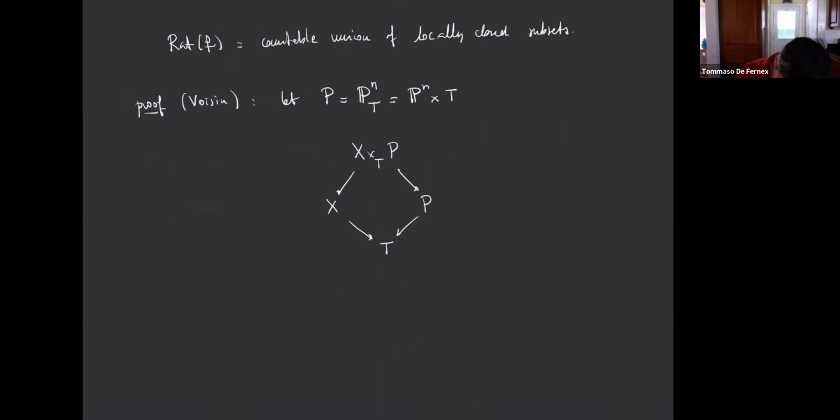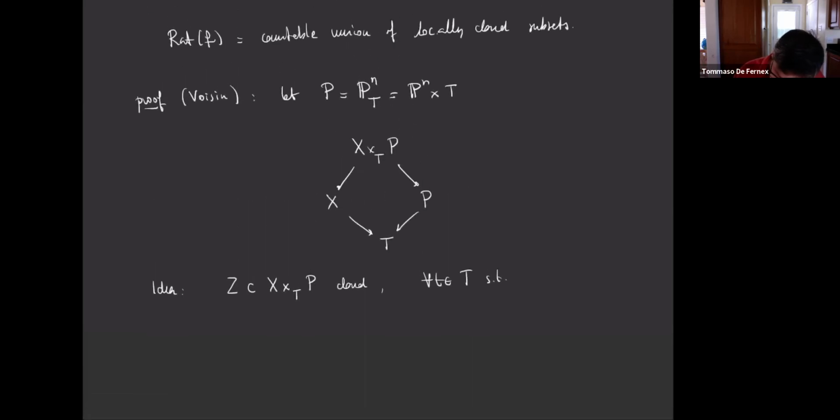So the idea here is that if I give you a closed set inside the product, then for every t inside T, I can look at the base change.